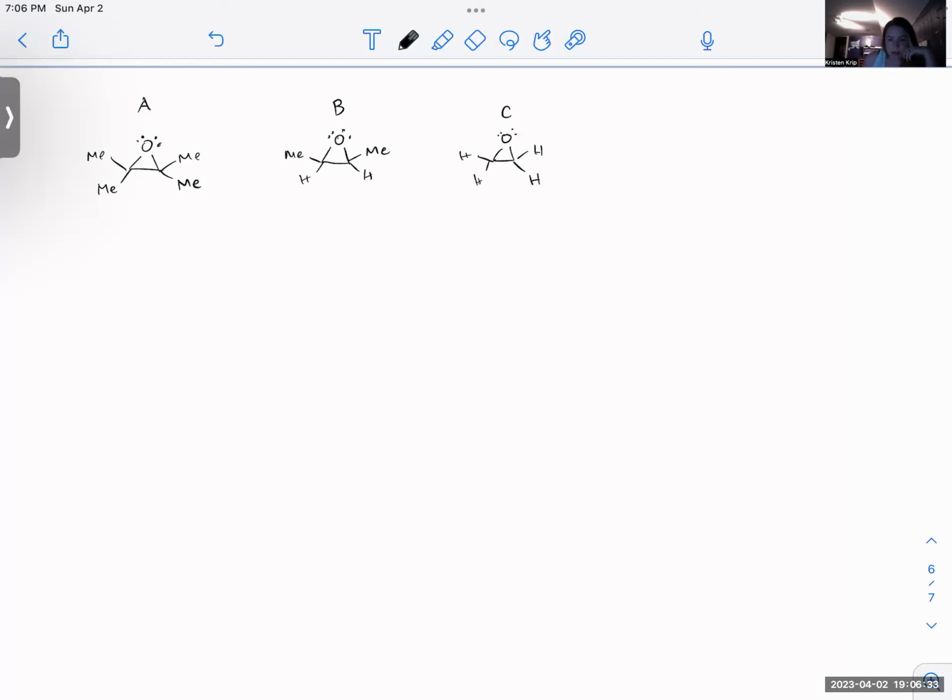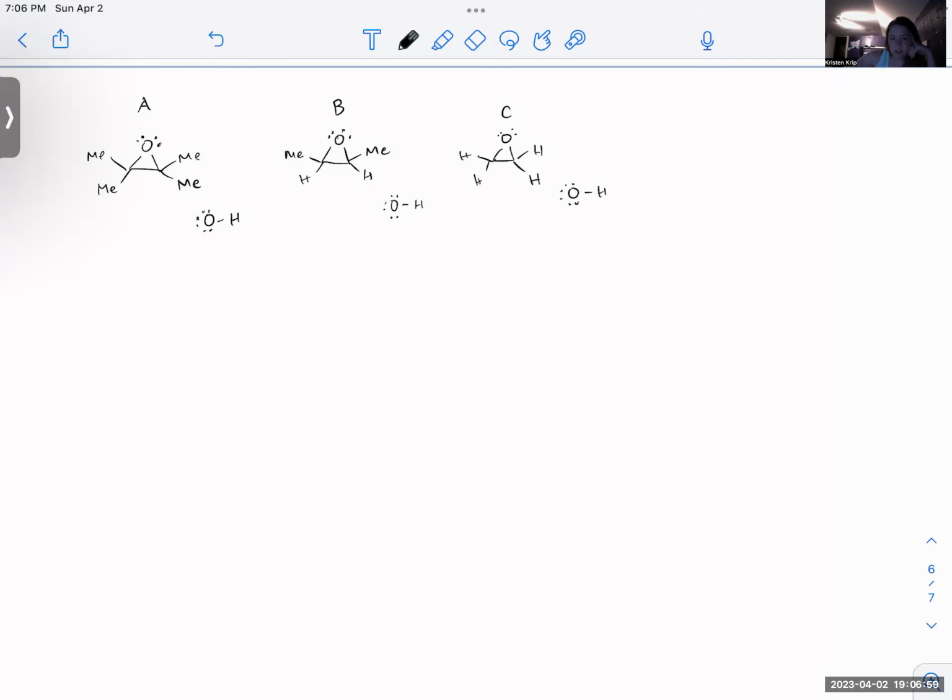So we're reacting with a hydroxide anion, which is just a deprotonated water. I'm going to draw one for each. Since both sides of the epoxide are the same, it doesn't matter which side we attack.